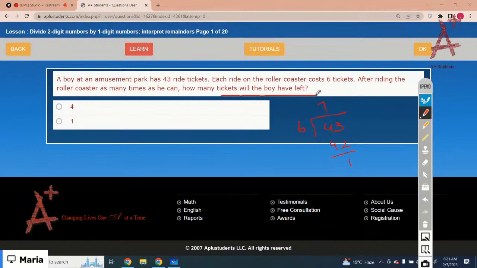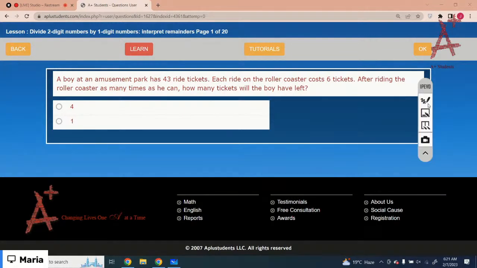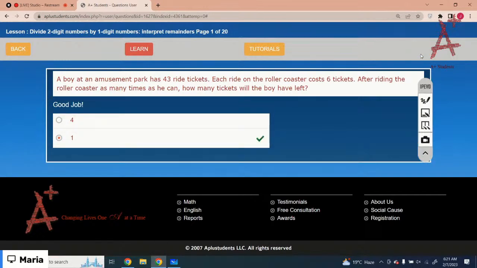And how many tickets will be left? That means only one ticket is left. Got it? So the correct option is 1. So just select the correct option, then click on the OK button.